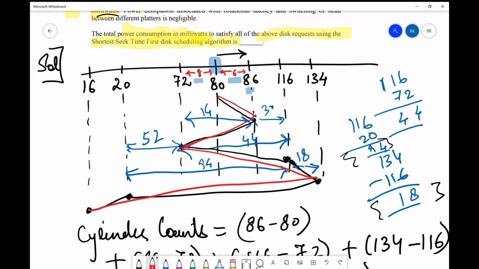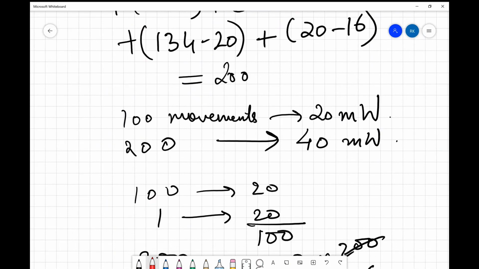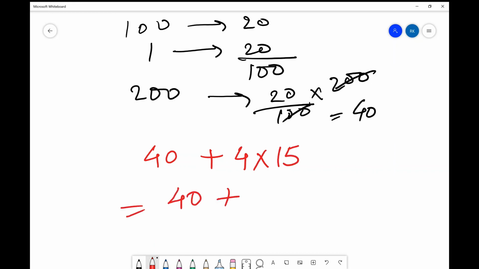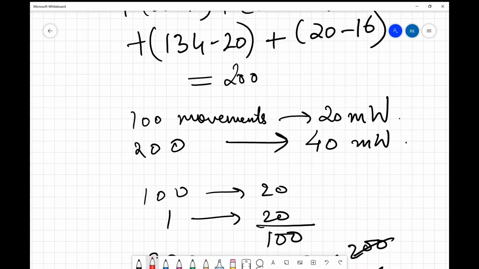So there were 4 direction changes. So therefore we have 40 plus 4 into 15 for 1 direction change. So this is 40 plus 60, which is 100 milliwatts of power dissipation. That is the answer for us.